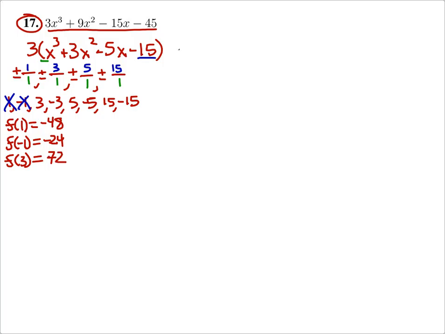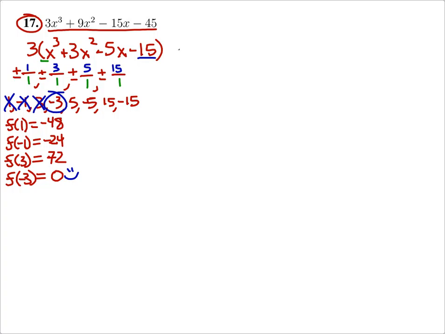You get 72 when you substitute in 3, and you, in disappointment, just sadly cross off the 3 and knock it out of contention. Then you have -3. When you stick in -3, you get a 0, and then you get this feeling of elation and satisfaction, or at least relief, because then -3 worked.